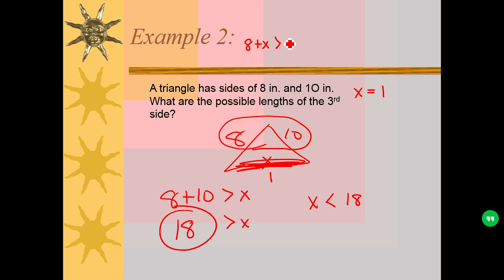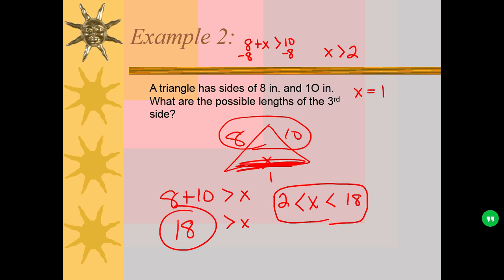Those need to be larger than that third side. So when I solve this out, I find that x has to be larger than 2, but it also needs to be smaller than 18.